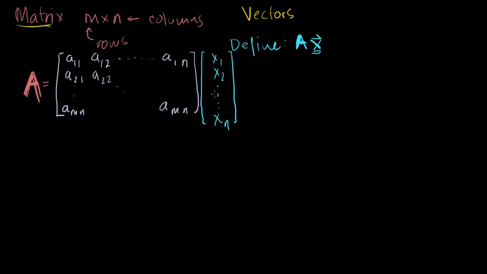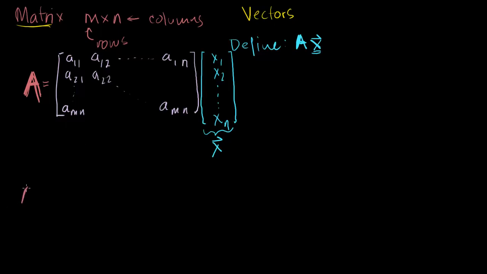And if you have that constraint, if the number of components in the vector is equal to the number of columns in your matrix, then we define this product as follows. So this is a definition. There's nothing in nature that told us it had to be defined this way. It's just human beings, or mathematicians, decided that this is a useful convention to define the multiplication, or the product, of a matrix and a vector.